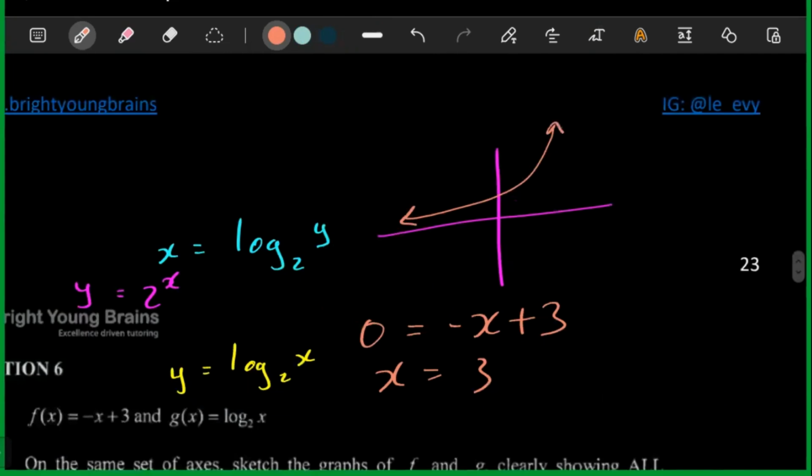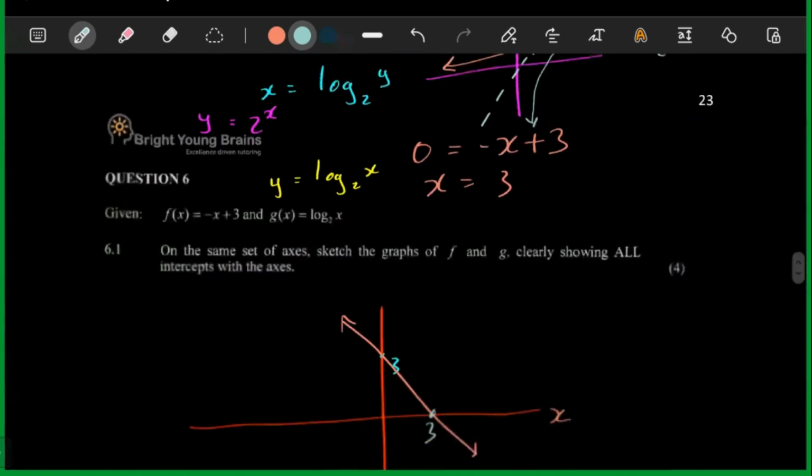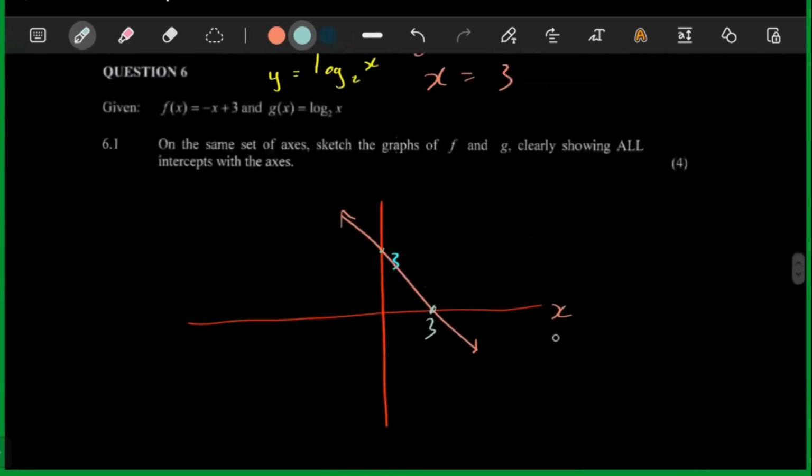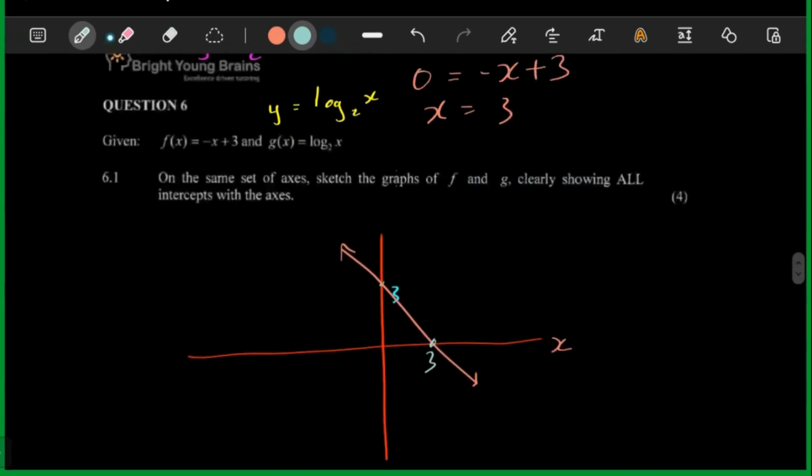And its inverse would look something like this. So if this is the equation of 2 to the power of x, the equation of log base 2 of x would look like this one. So you know your graph looks something like that. All you need to worry about is getting the x-intercept.